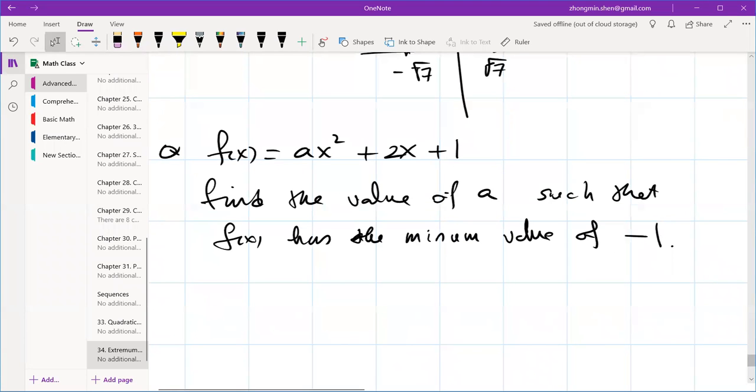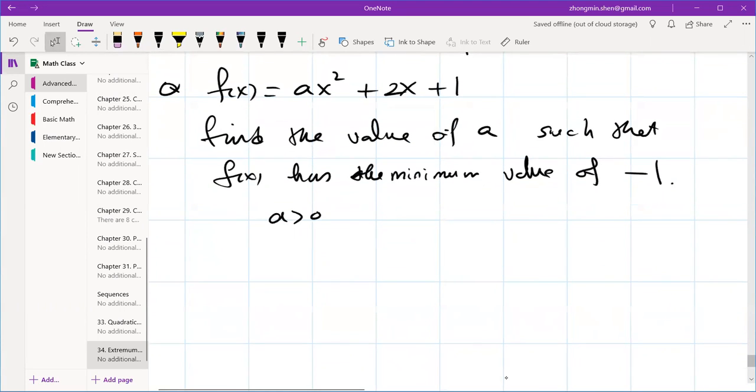All right, so a could be positive, could be negative. When we talk about a minimum value, a must be positive, right? Otherwise, it doesn't have a minimum value. But we don't know where it's located.